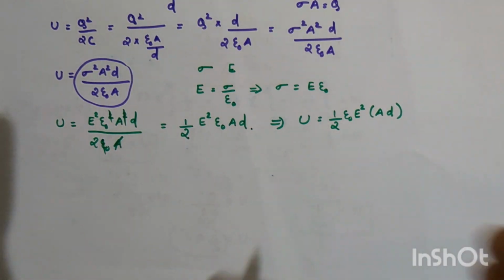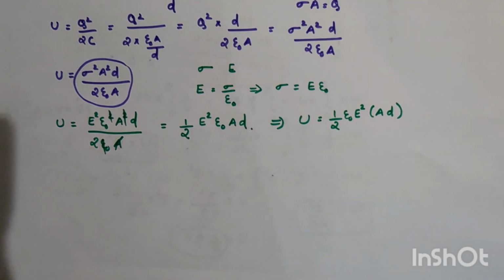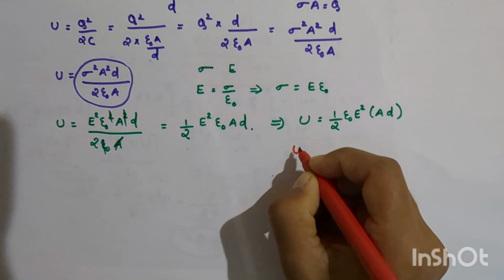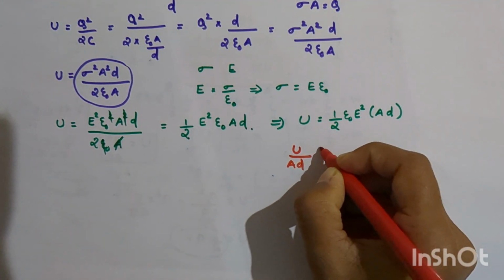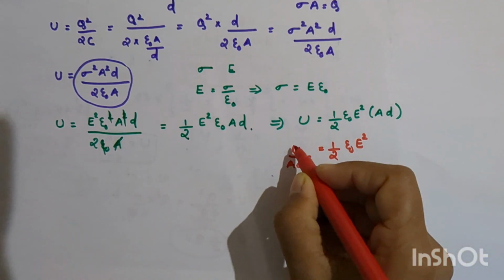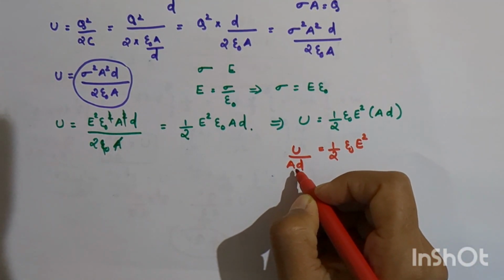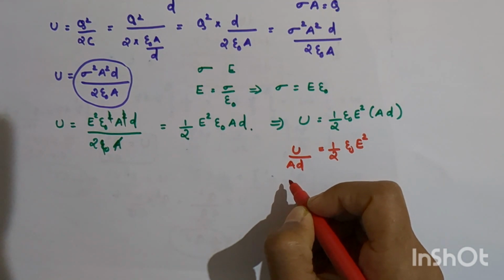Now, if I take this A into D to this side of the equation, we can write U divided by AD is equal to half epsilon 0 E square. See, this is like area into the distance between the two plates of the capacitor. That product is actually a kind of volume.